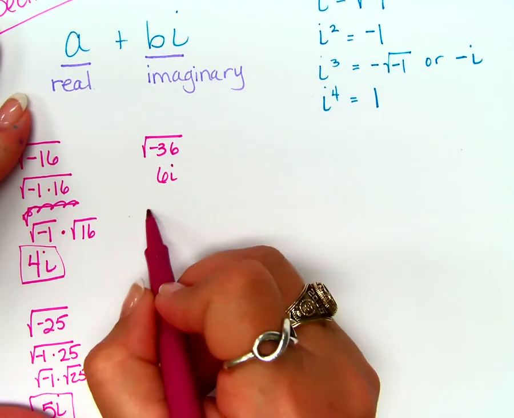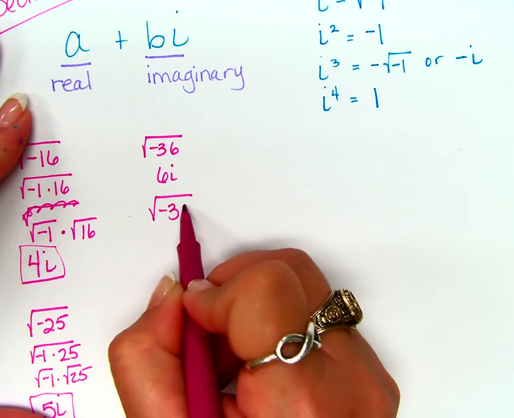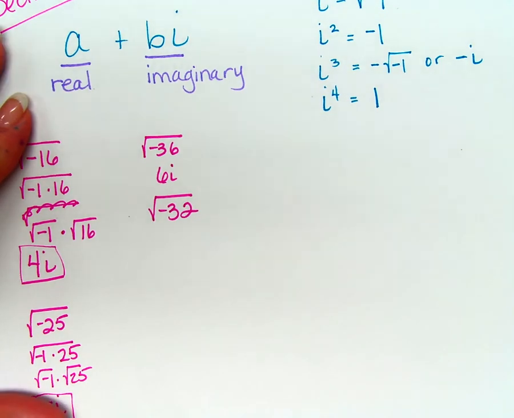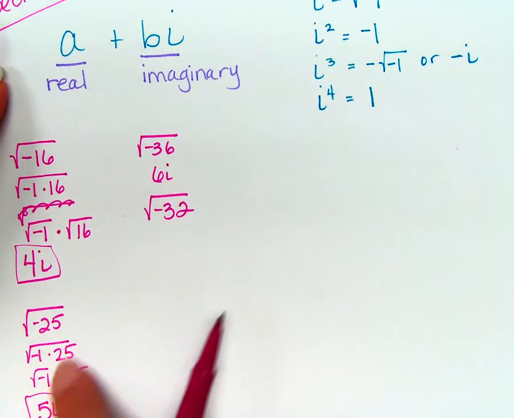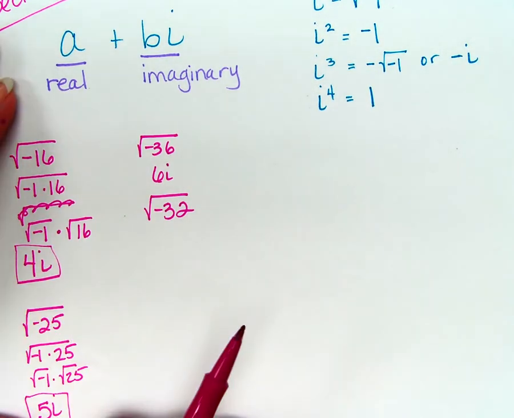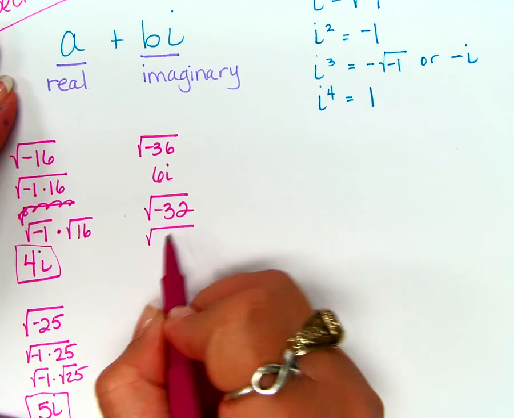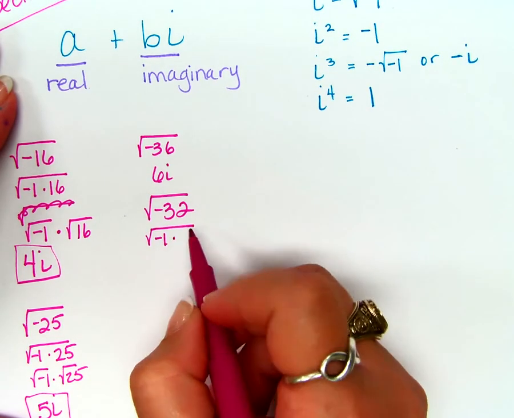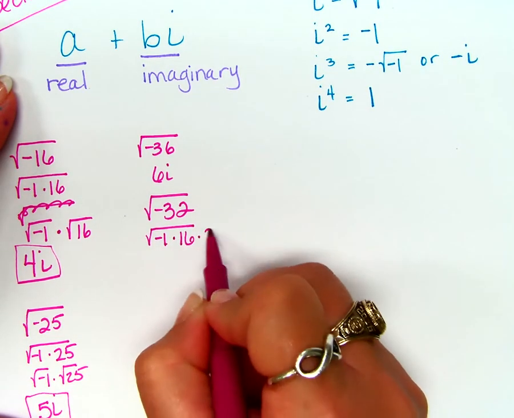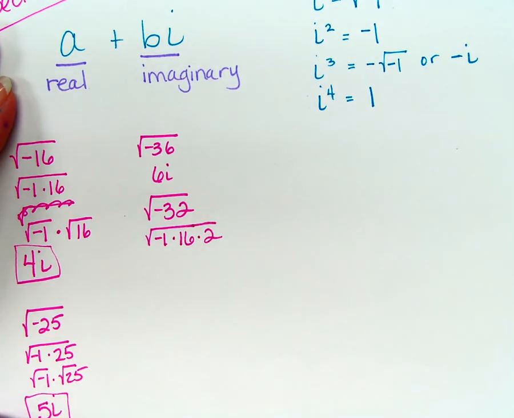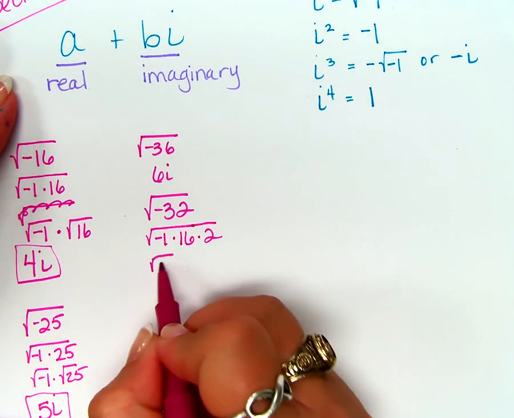The problem comes when this is what they ask you to do. Ooh. Then it's really good to know this process right here, because when I break this apart, I get a negative 1 and 16 and 2. If you talk in a college class like that, the professor asks you to leave and you're not welcome back.